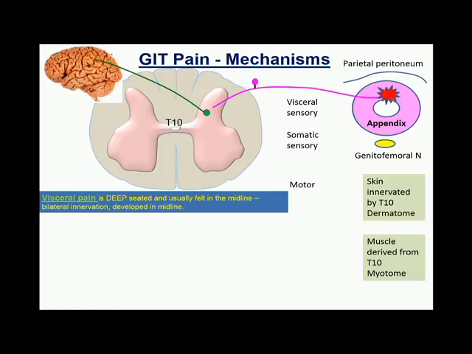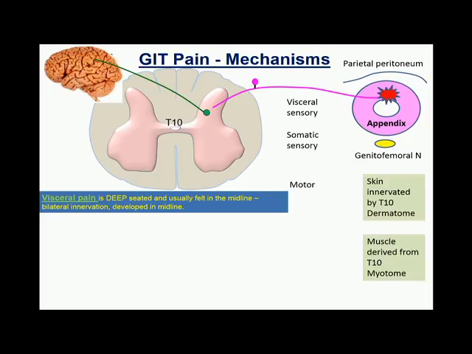The visceral pain is deep and usually towards the midline of the abdomen. Since the appendix is developed from the mid-gut region and is innervated by T10, it will be in the central abdominal region, at the level of the umbilicus, deep. Is that clear? Not on the skin.